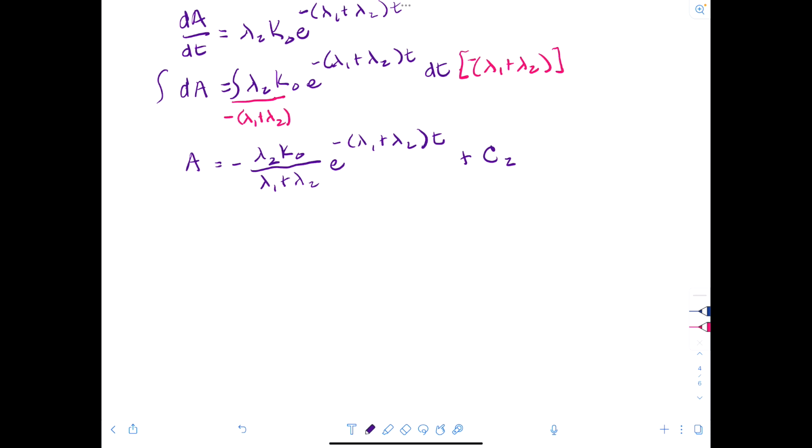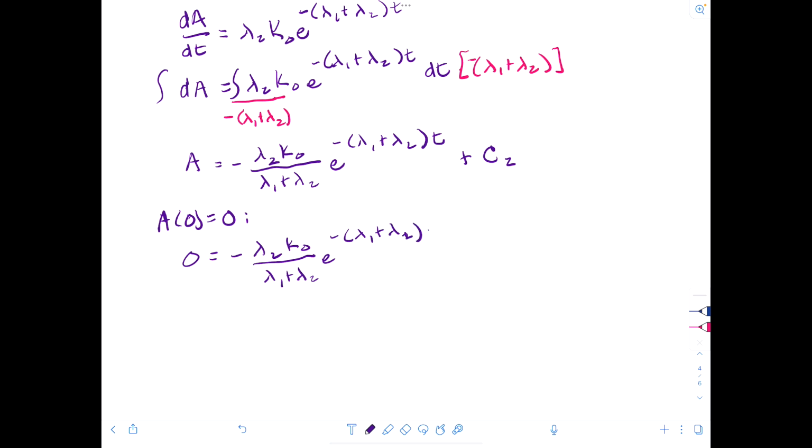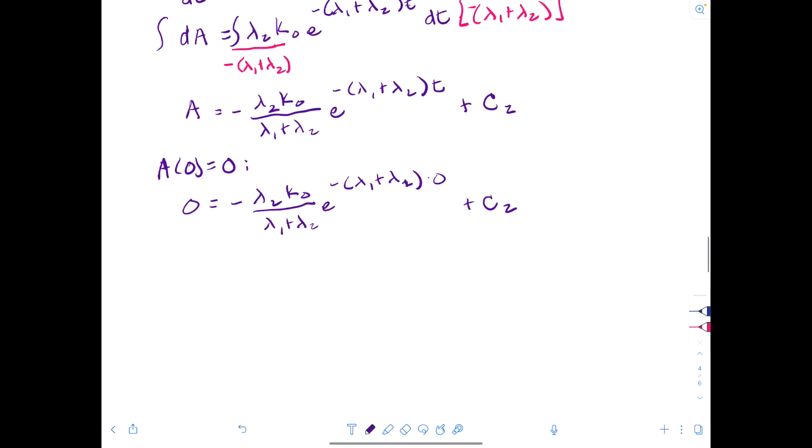So, using the initial condition that A at 0 is 0, we would have 0 equals negative lambda 2 times K0 over lambda 1 plus lambda 2 e to the negative lambda 1 plus lambda 2 times 0 plus some constant 2.